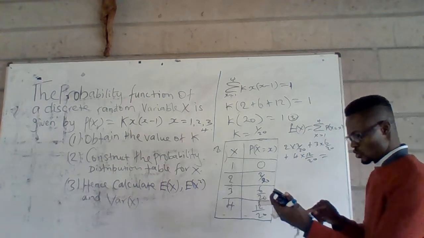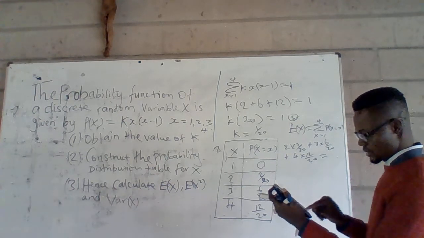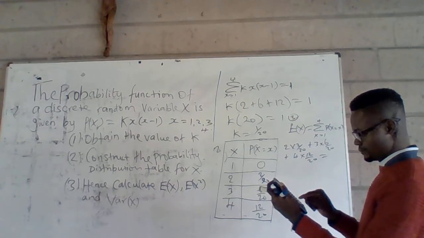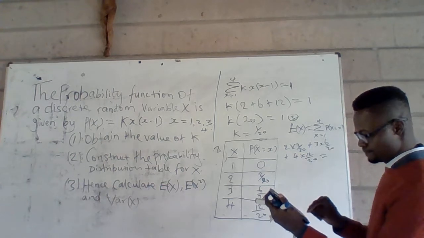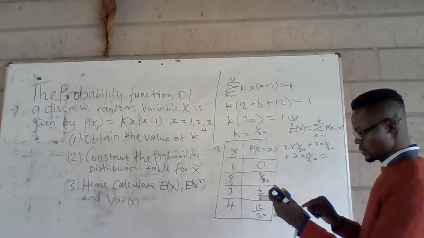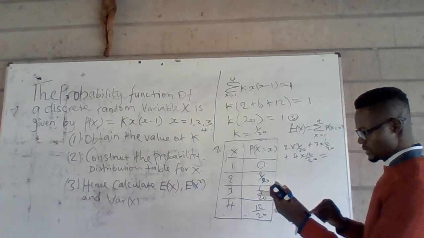We have 2 multiplied by 2/20, plus 3 multiplied by 6/20, plus 4 multiplied by 12/20.